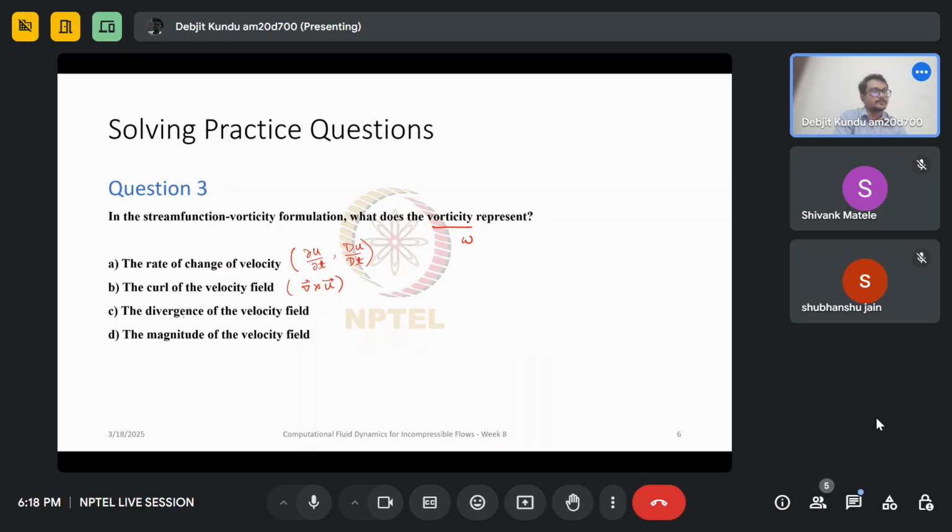Then you could have the divergence of the velocity field, which is again a vector operation. Then we could have the magnitude of the velocity field, which is this. So you have u, v, w, then you simply take the magnitude of it, like u square plus v square and square root of it. Anyway.